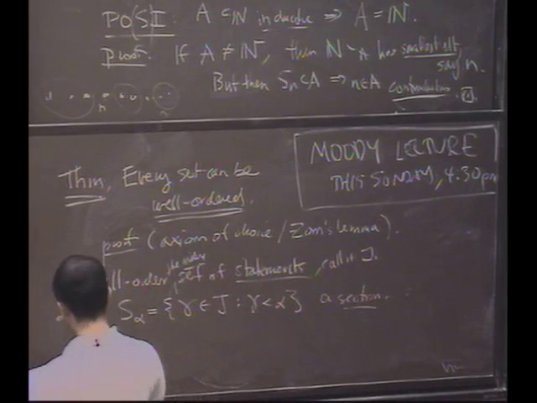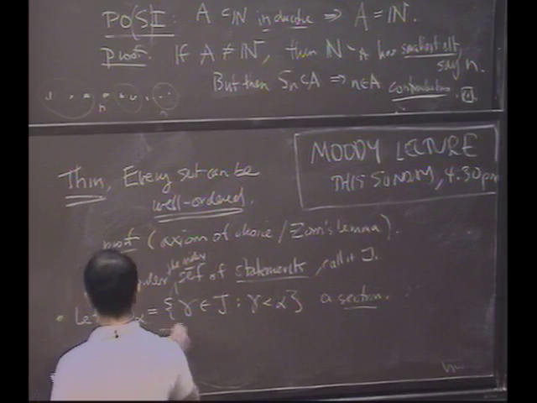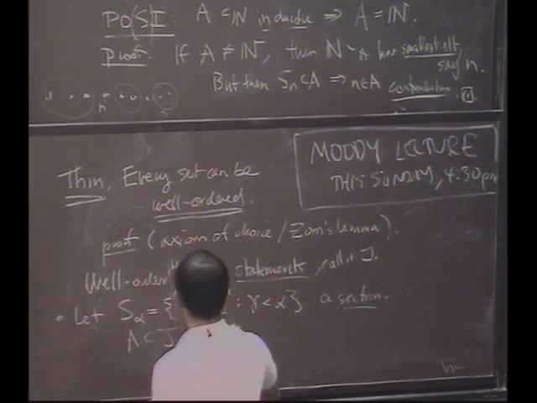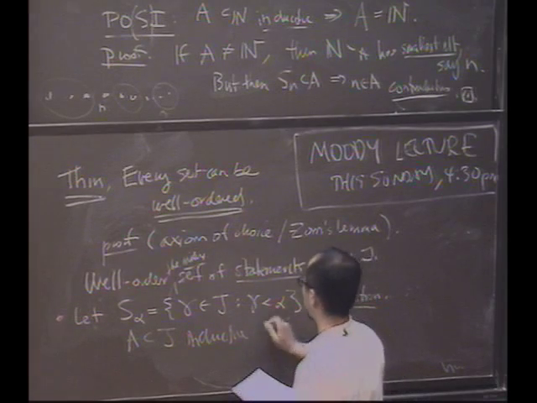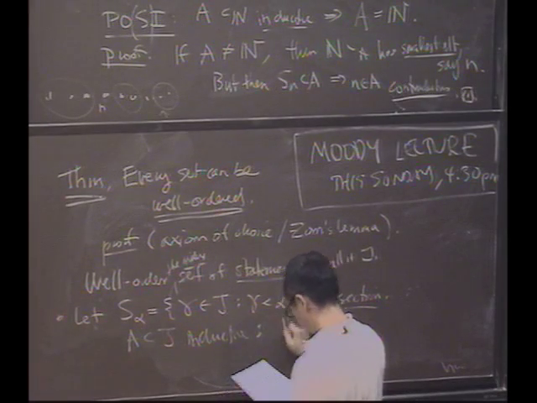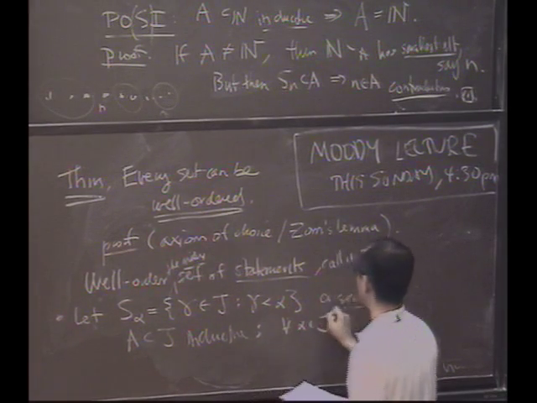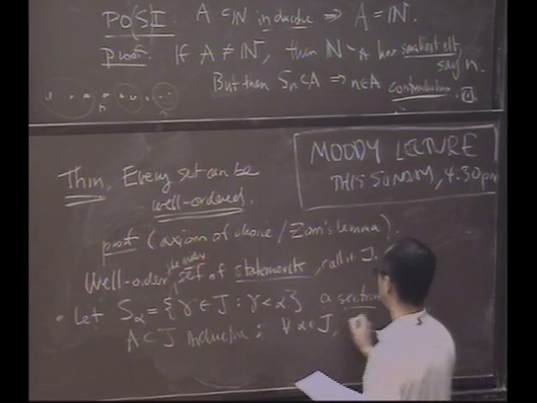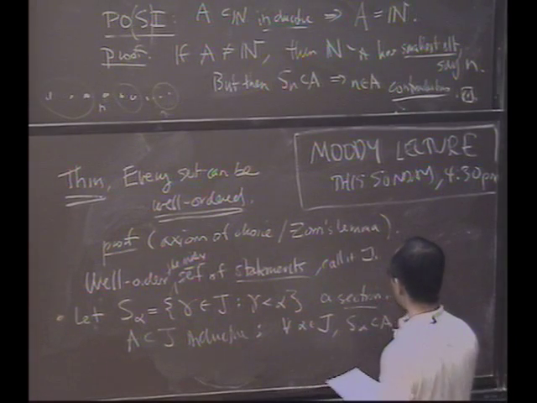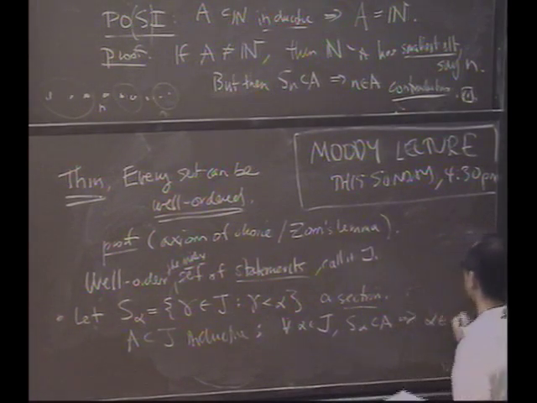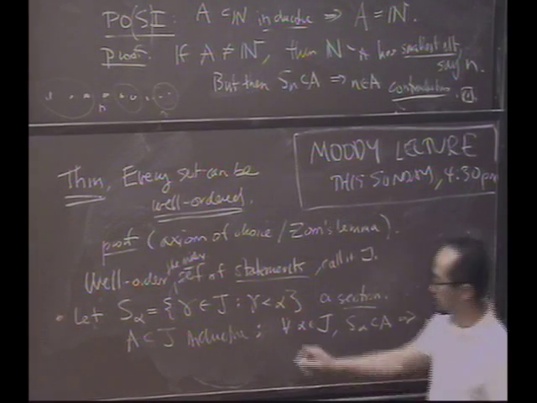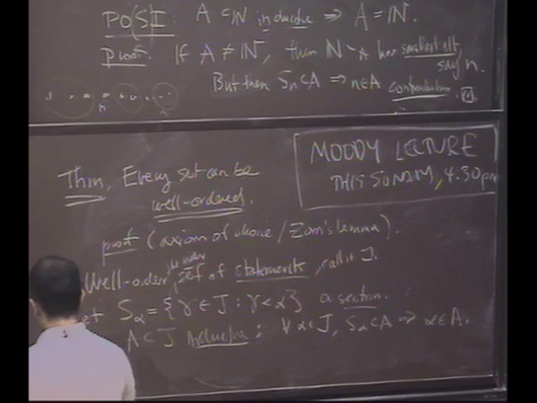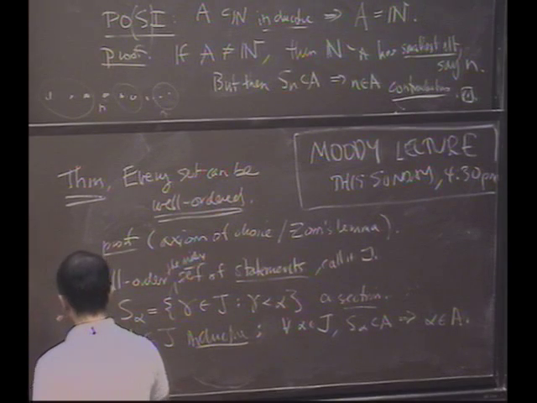And we'll call a set A inductive if, for all alpha in the index set, if the section is in A, then alpha is in A, just like before. And now the principle of transfinite induction.